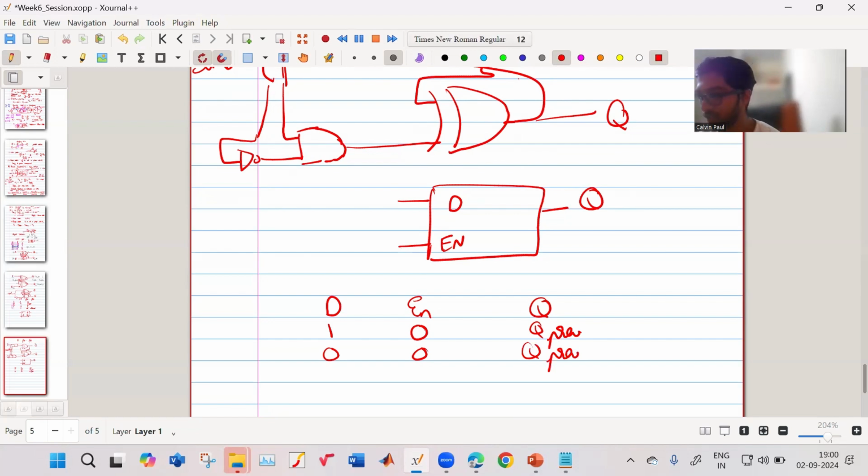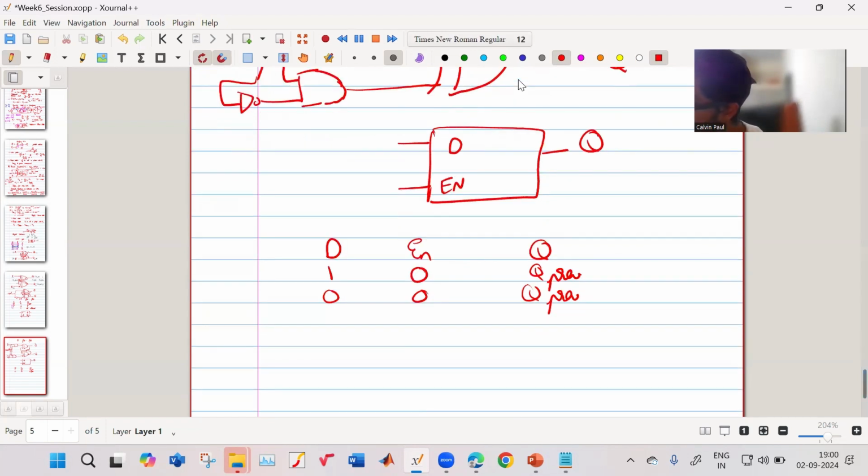It will not change. If your enable is 1 and D is 1, you will get 1 over here. And if your enable is 1 and D is 0, you will get 0 over here. So this is the D flip-flop.